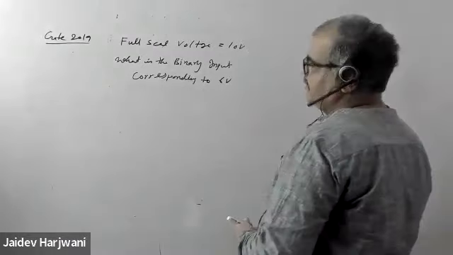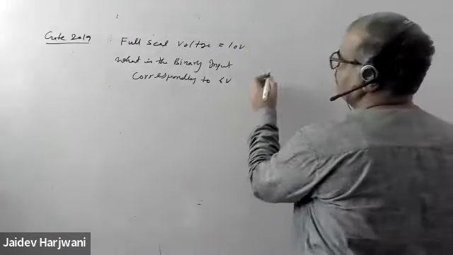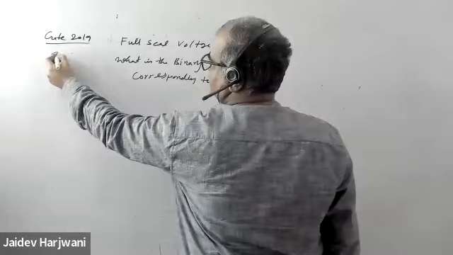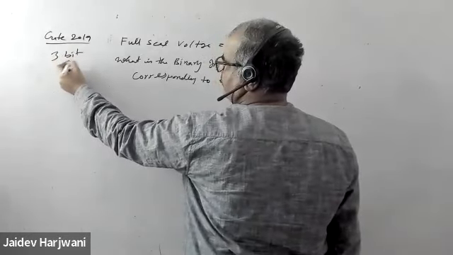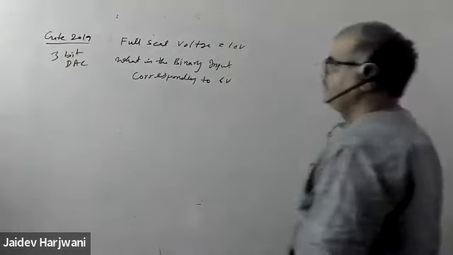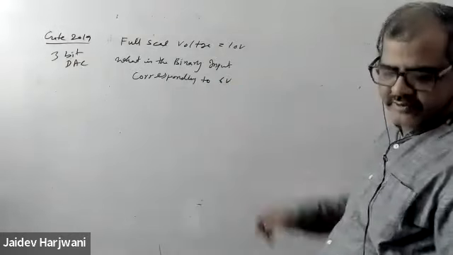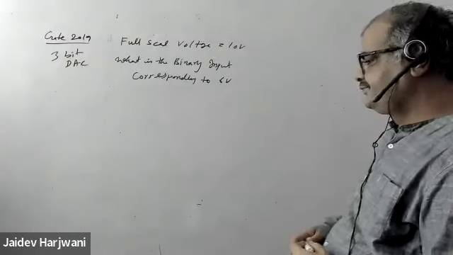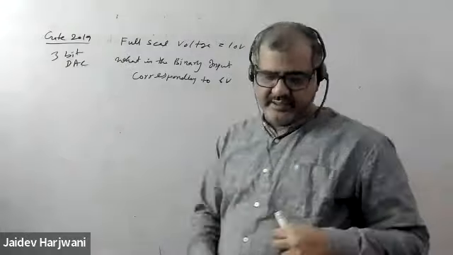And this is a 3-bit D2A counter. What is the binary input corresponding to 6 volt? Calculate.